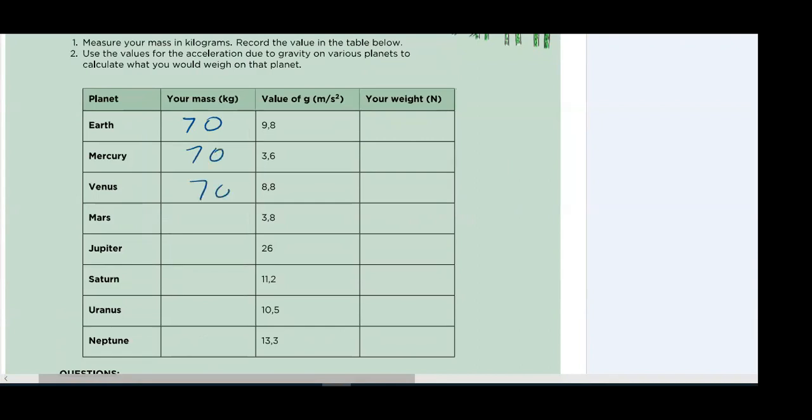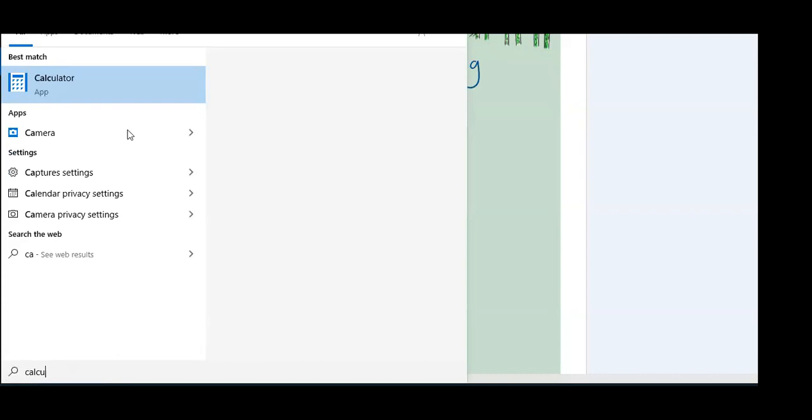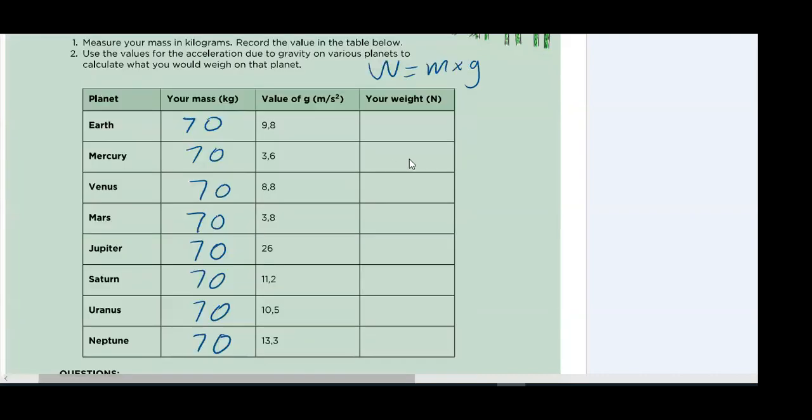So obviously, the mass on all these planets will remain the same, assuming I don't lose any mass in my travels to each of these planets. And what I need to do is to get a calculator and calculate my weight on each of those planets by using the formula weight is m times g.